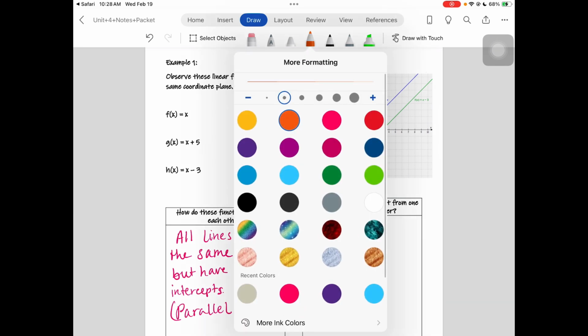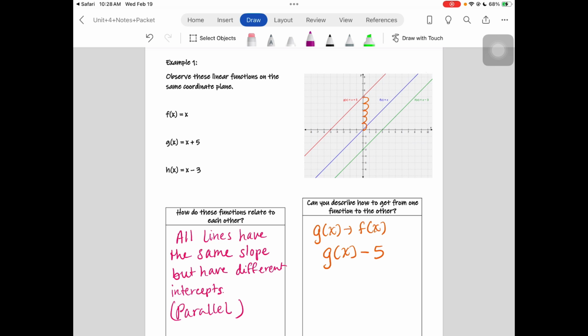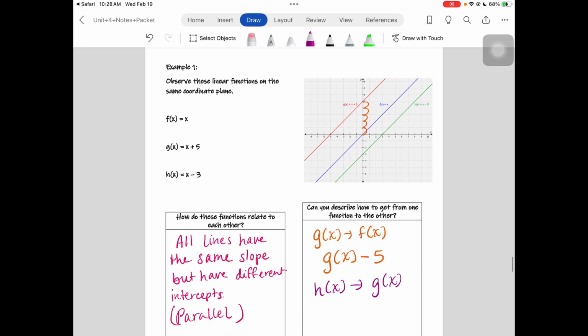Okay, if I wanted to go from h of x up to g of x, I would start here. I would go up 1, 2, 3, 4, 5, 6, 7, 8 spaces. So starting at h of x, I have to go up 8 spaces to get to g of x. So that's how you can write that down.